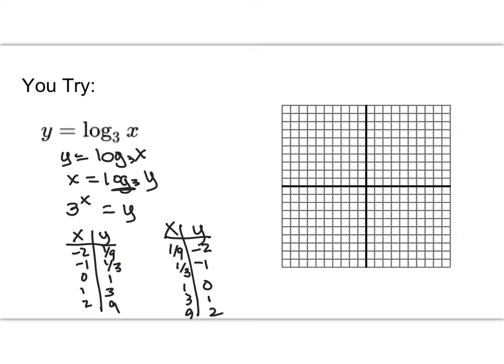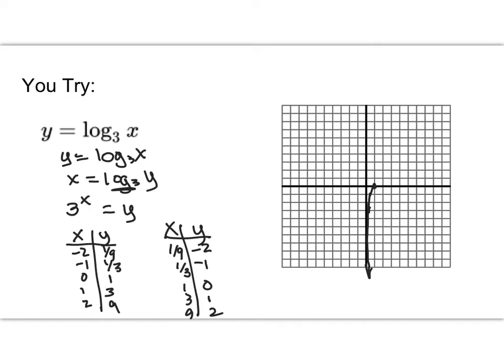Okay, when x is 1/9, that's really close to 0, so this one gets super close to 0, but never gets there. When x is 1/3, y is -1. When x is 1, y is 0.